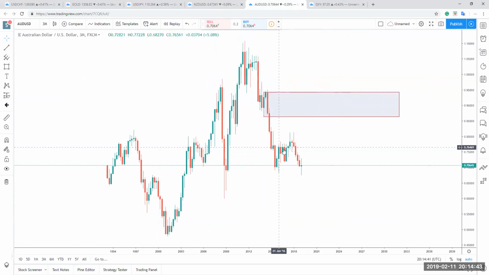So we had a consolidation, fake out, and break to the downside. So you can say that price is probably going to move lower.